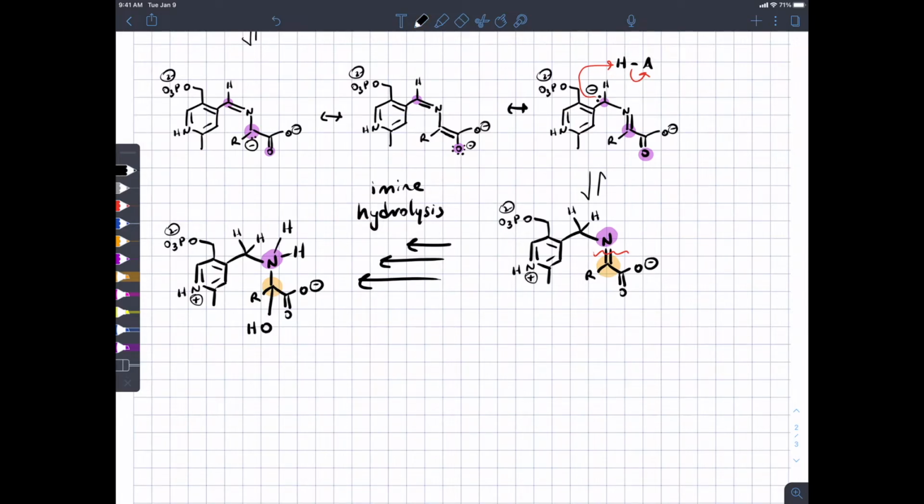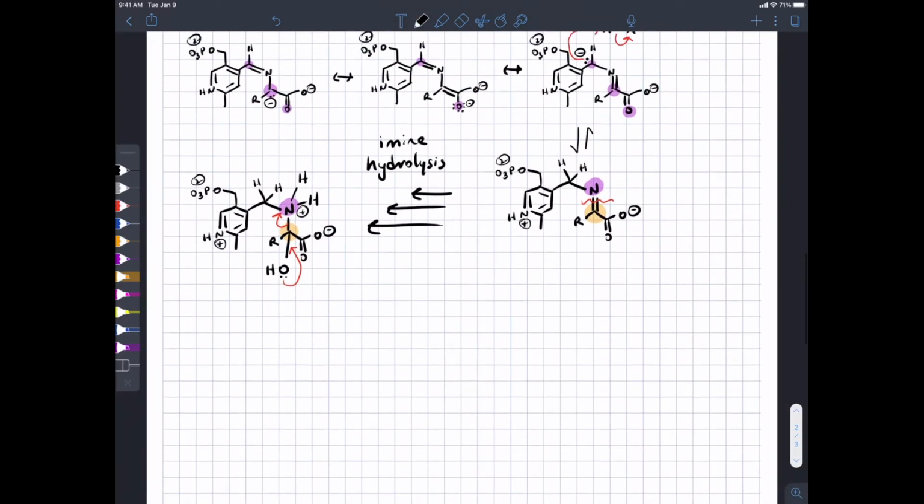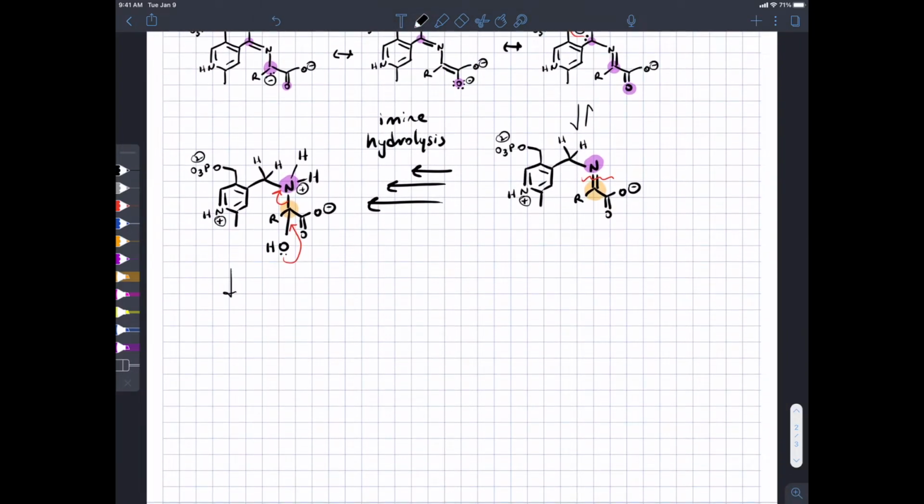We would then add a proton to nitrogen to turn it into a good leaving group. Then electrons would kick down from the oxygen and kick off the nitrogen. At that stage, we will have liberated the portion of our molecule formerly known as PLP.